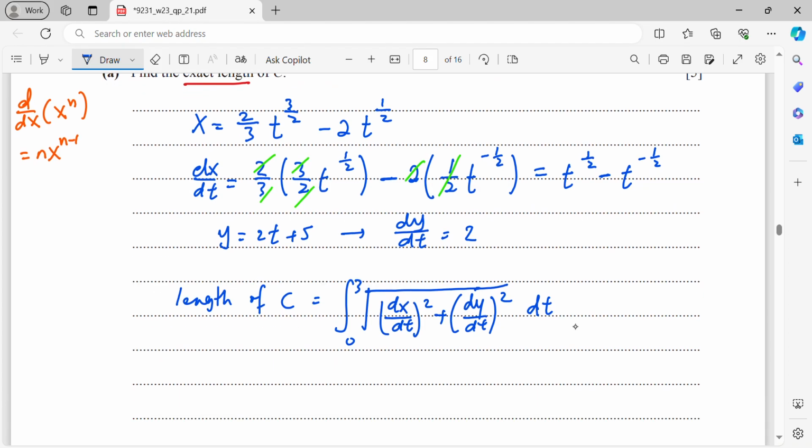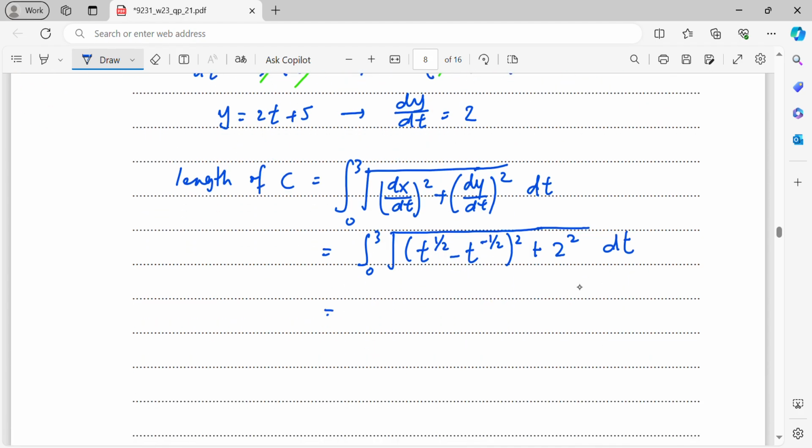So now I will write integrate 0 to 3 square root of (t to the power half minus t to the power negative half) squared, which is for dx/dt squared, plus my dy/dt is 2, so 2 squared, then dt.